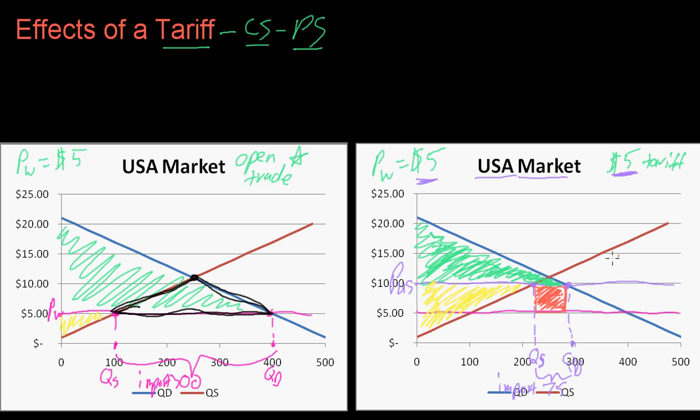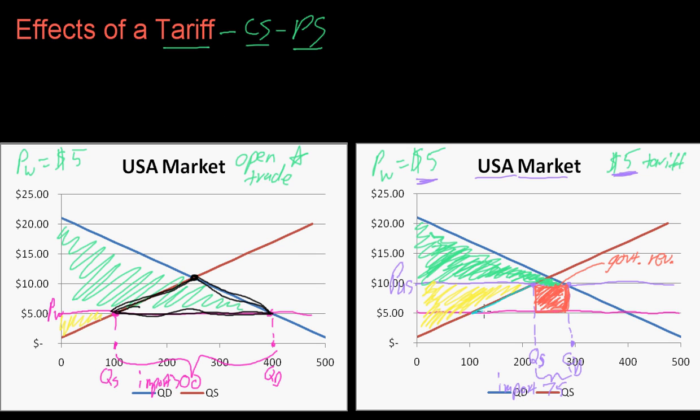So this is government revenue, and I'm just going to write GOVT REV. This value, this red rectangle, is not lost surplus. It's actually captured by the American government. What is lost, I'm going to color in very bright blue.